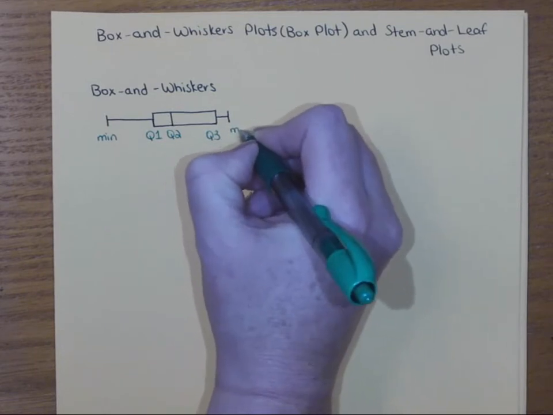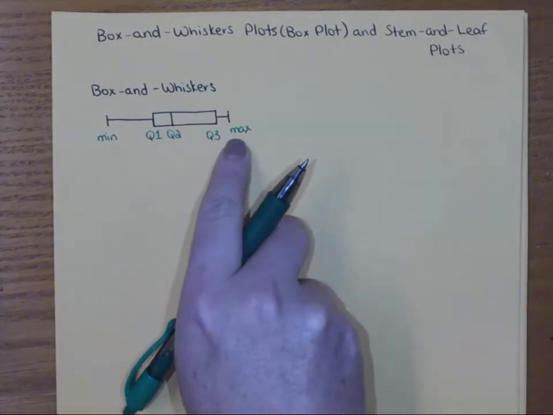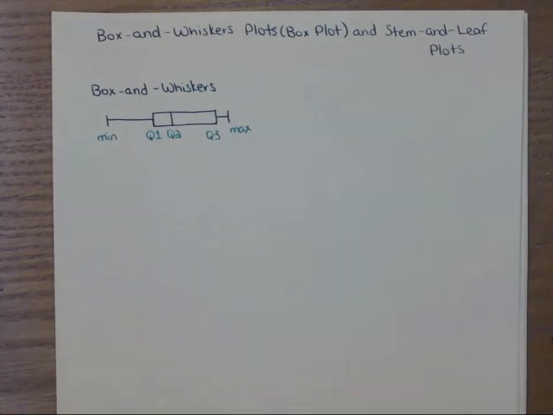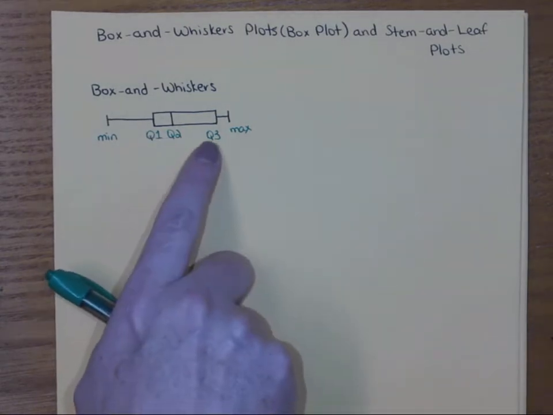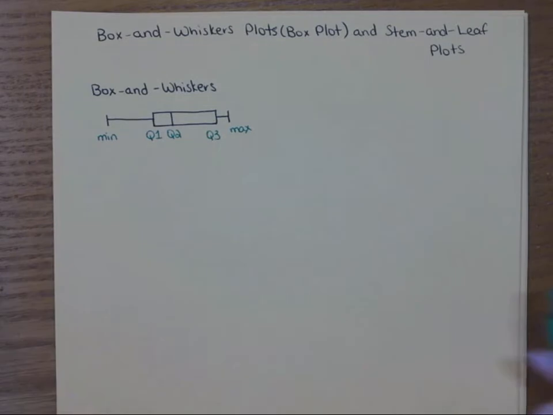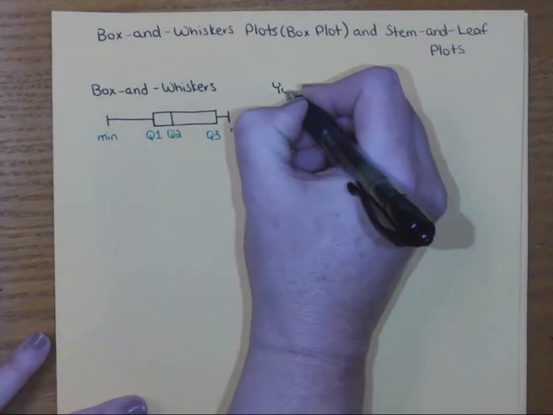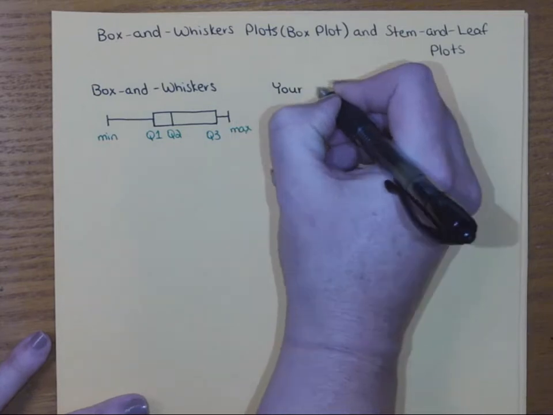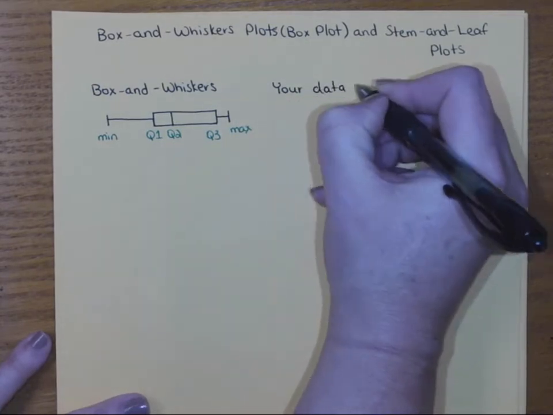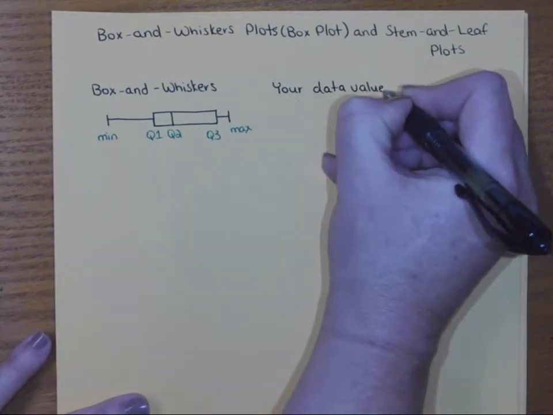We have the minimum and the maximum value shown by the whiskers. Then we have Q1, Q2, and Q3, which describe the boundaries for the boxes. What happens in a box and whiskers plot is that your data values are split into 4 sections.